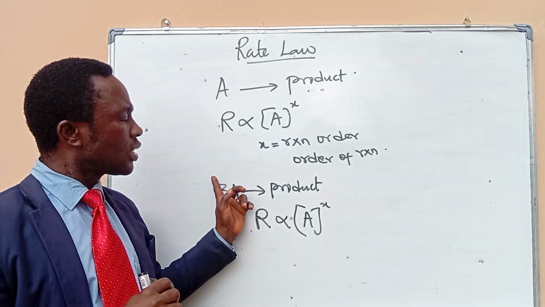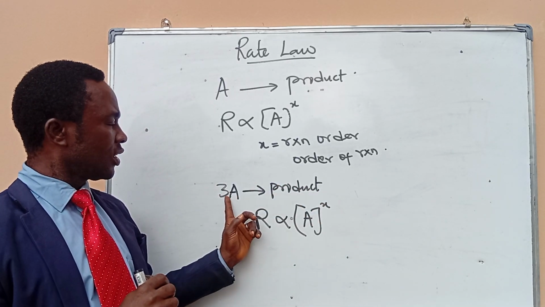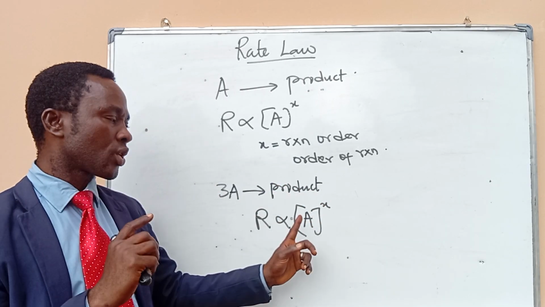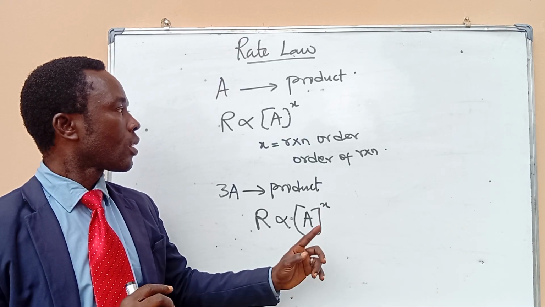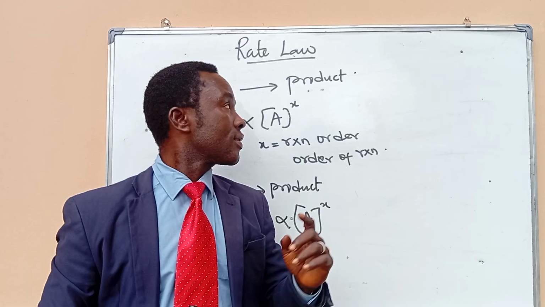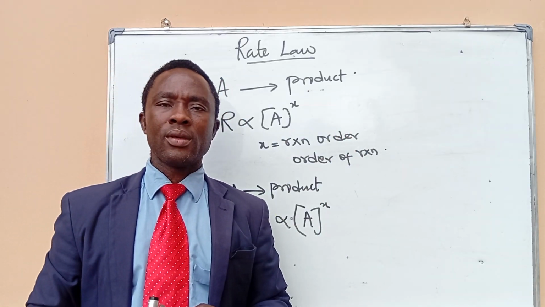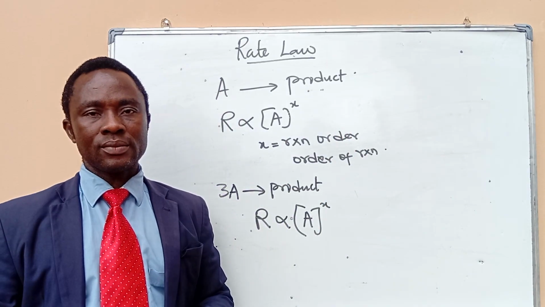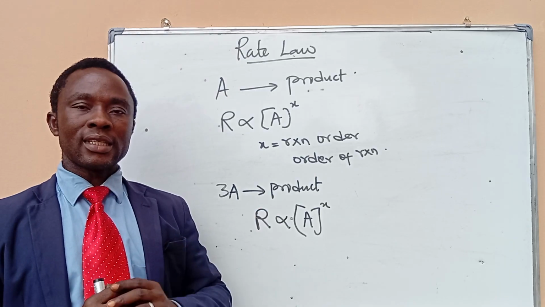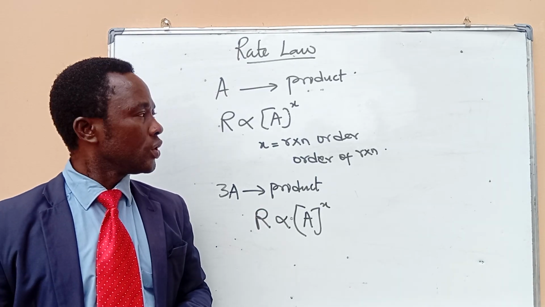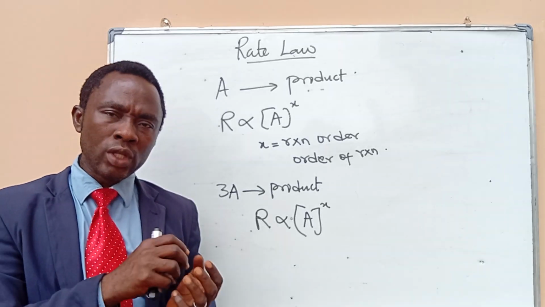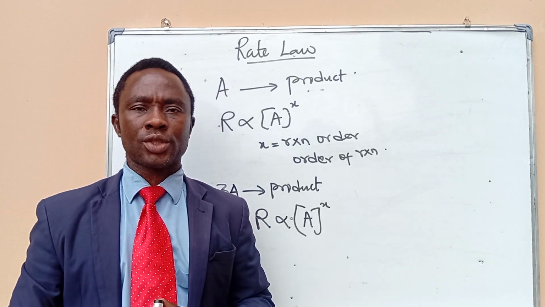So if I'm told that this reaction is a one-step reaction, I will put 3 for my x. However, the reaction order can be obtained experimentally. We don't assume that it is the stoichiometric coefficient until we enter the lab. So it is determined through the mechanism of a reaction.